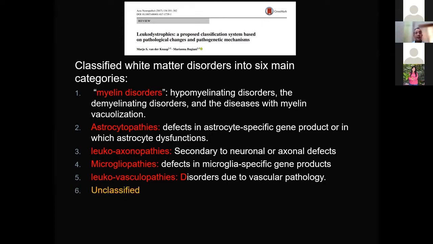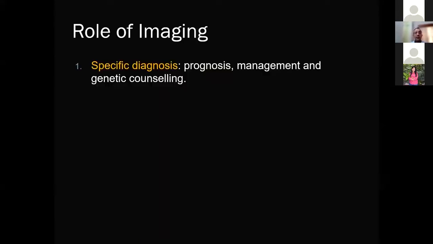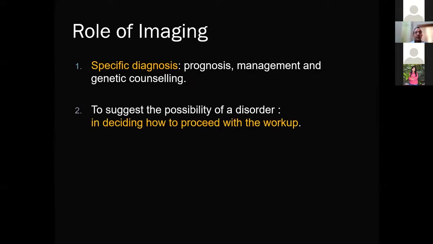Based on this classification, it is easy to understand the various pathological processes, the clinical manifestations, and the neuroimaging spectra of the various disorders. The role of imaging, as in other disorders, is to make a specific diagnosis so that the patient can be appropriately managed with the prognosis, and if required, genetic testing or counseling can be done.